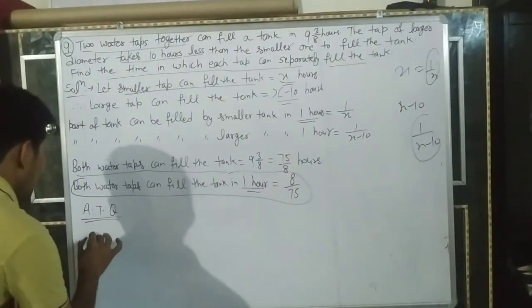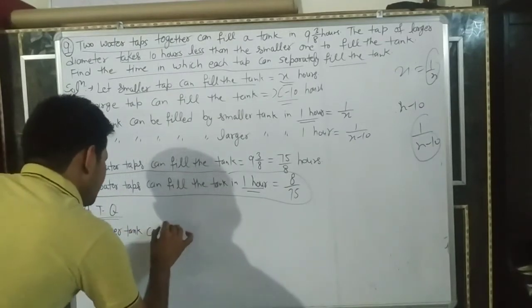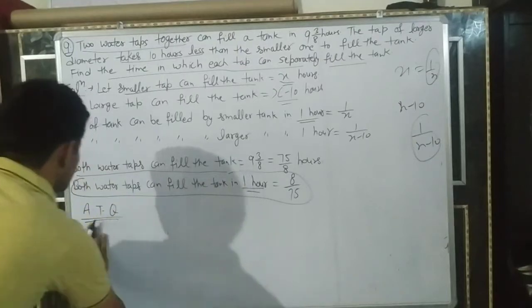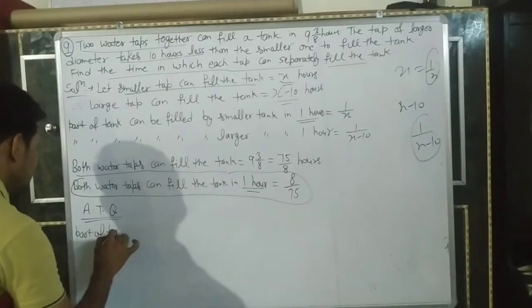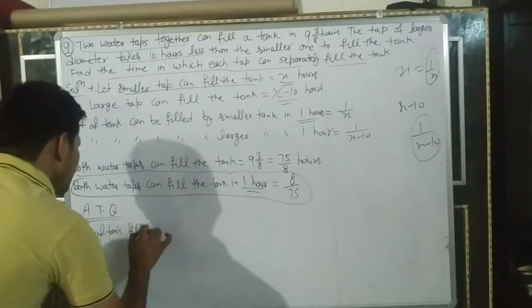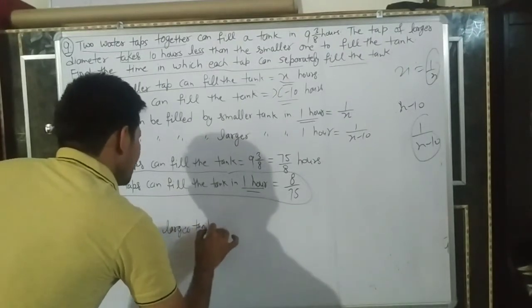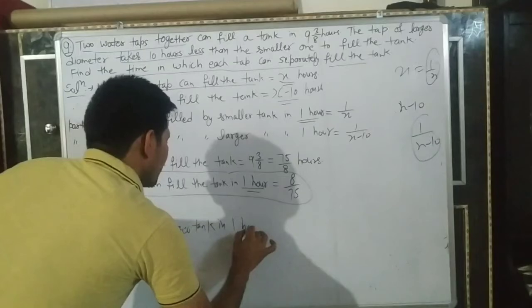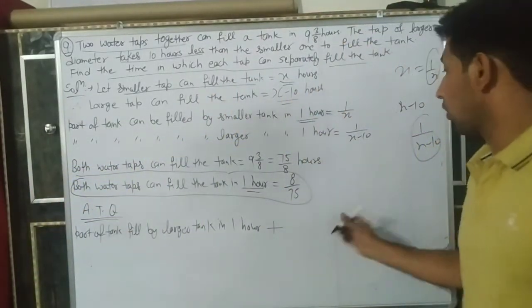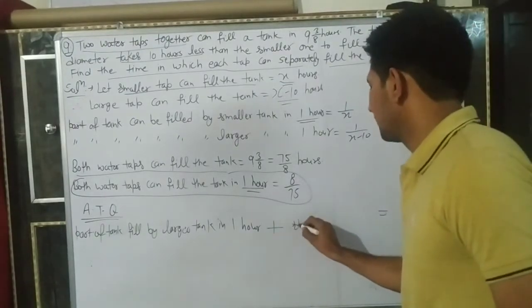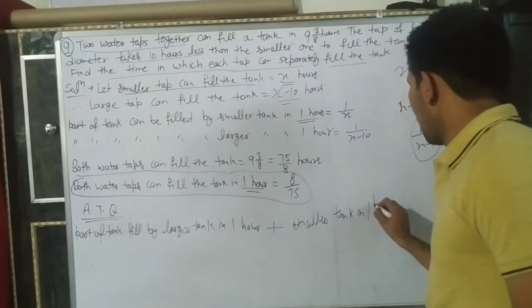So it means the part of the tank filled by the larger tap in 1 hour plus the part of the tank filled by the smaller tap in 1 hour.